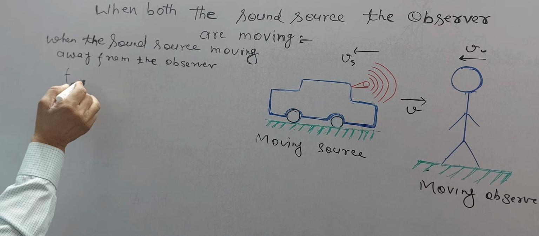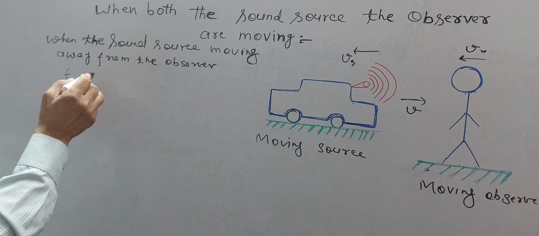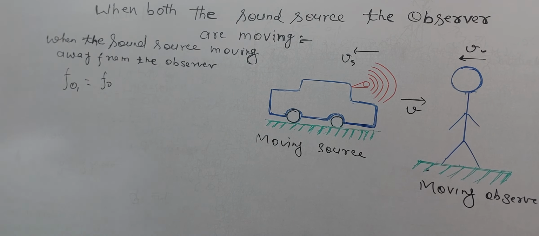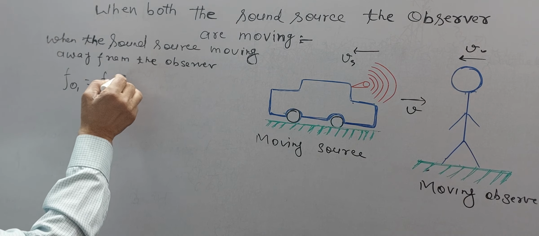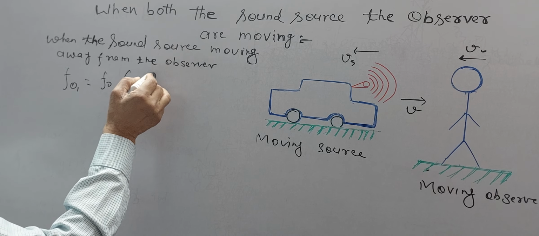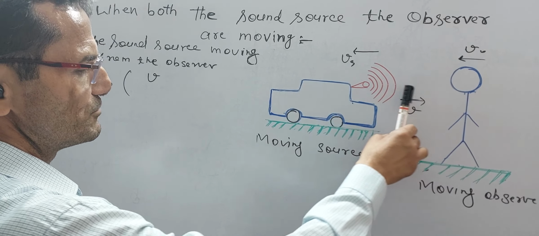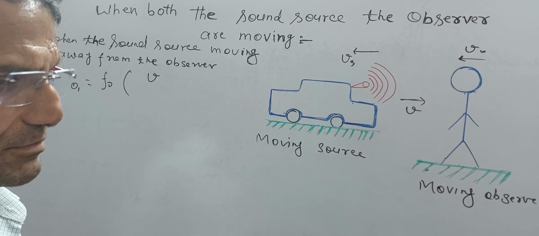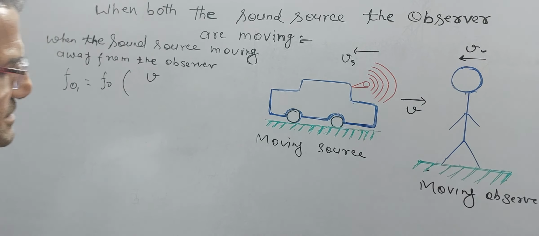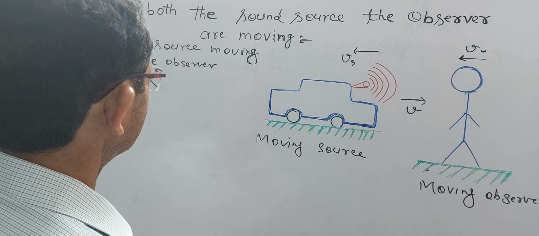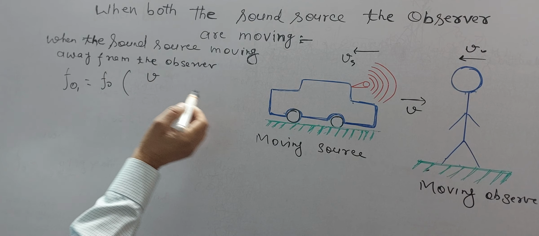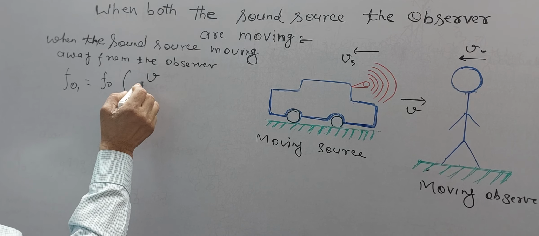The apparent frequency will be fo, the original frequency, multiplied by V. Since our source is moving away from the observer, the source velocity term comes in the denominator, since the apparent frequency has to decrease.